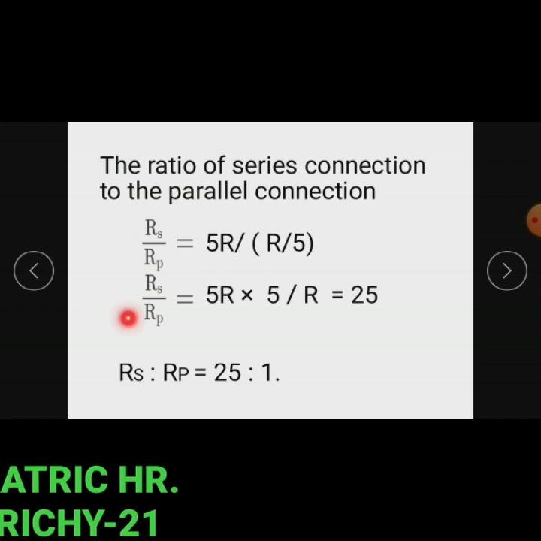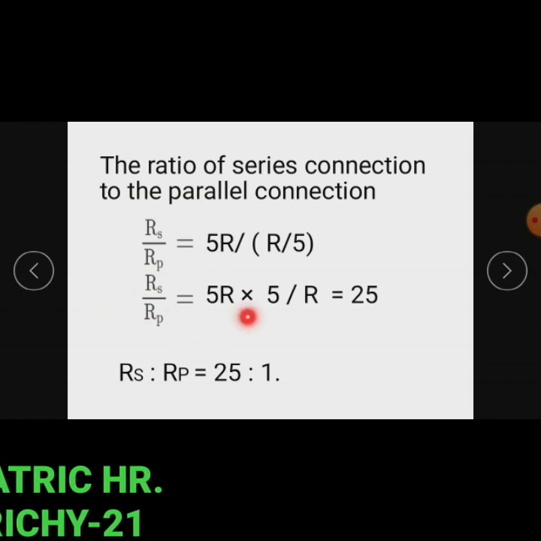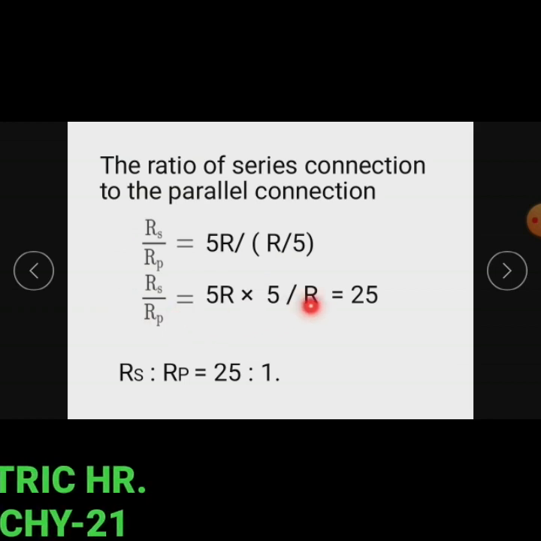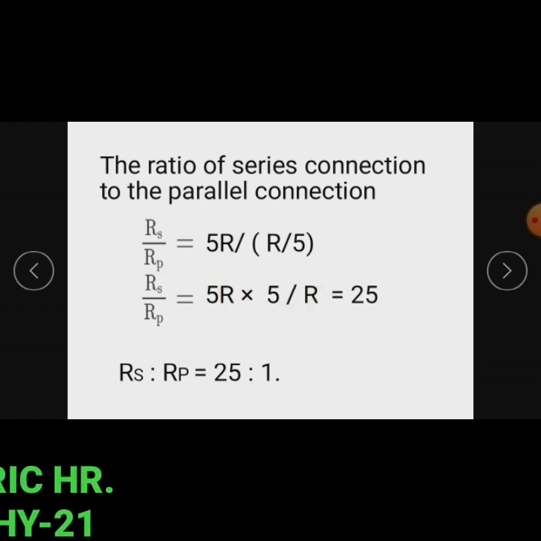Rs by Rp equal to 5R into 5 by R, R gets cancelled. 5 into 5 we get 25. The ratio Rs is to Rp equal to 25 is to 1.